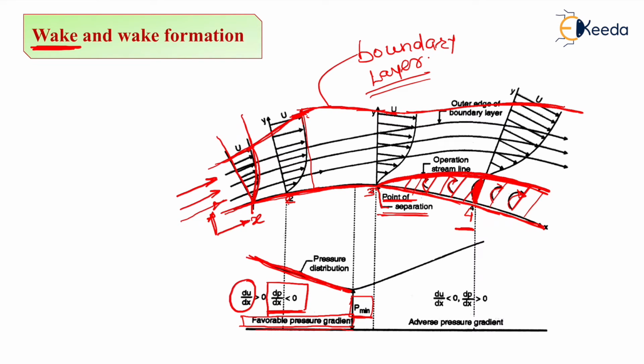Hence, this du upon dx ratio becomes less than 0 because it is negative. And now I will have another relation, dp by dx greater than 0. It means pressure is now increased as compared to the third point. So if I continue with the curve of pressure distribution, I will have this increase which is highlighted in the figure.